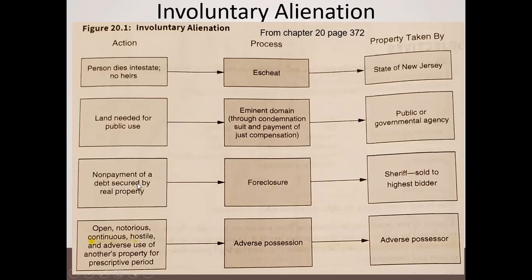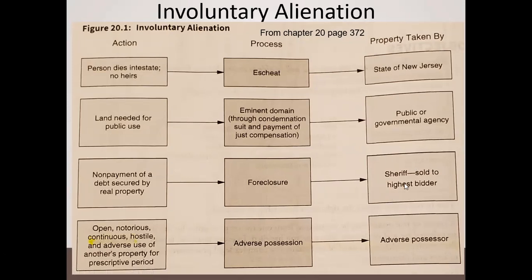Then we have non-payment of a debt, where the real estate is the security for that debt. Through the process of foreclosure, a court proceeding to take back ownership of a property that's secured for the debt, the property is sold at an auction by the sheriff's department to the highest bidder.